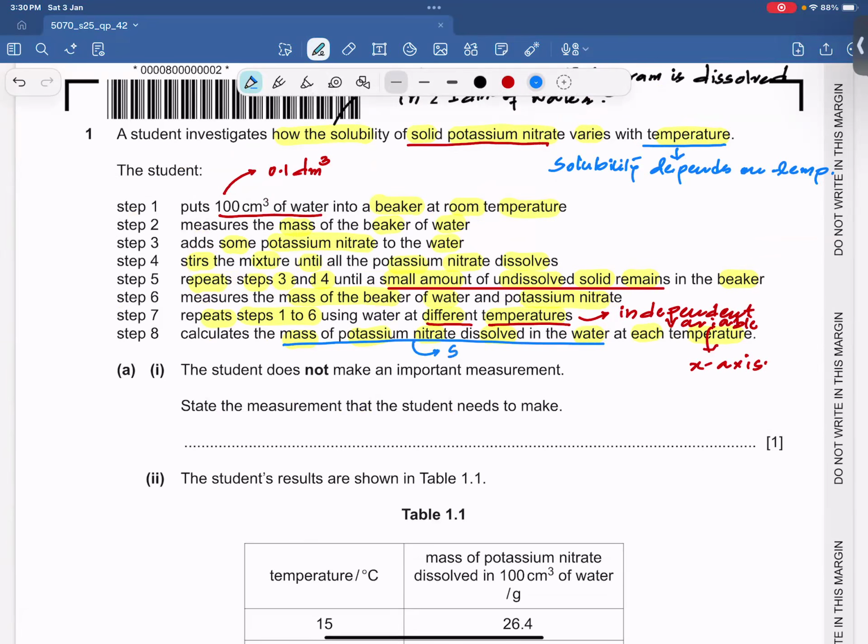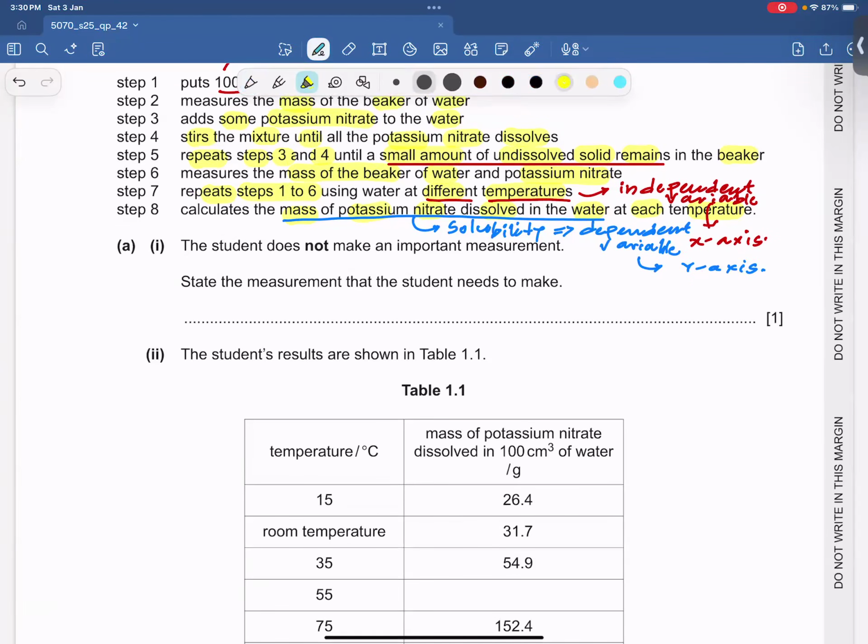So this solubility is going to be a dependent variable, and it has to be on the y-axis. So maybe he can ask us to plot a graph for the same concept, so I should be ready for that too.